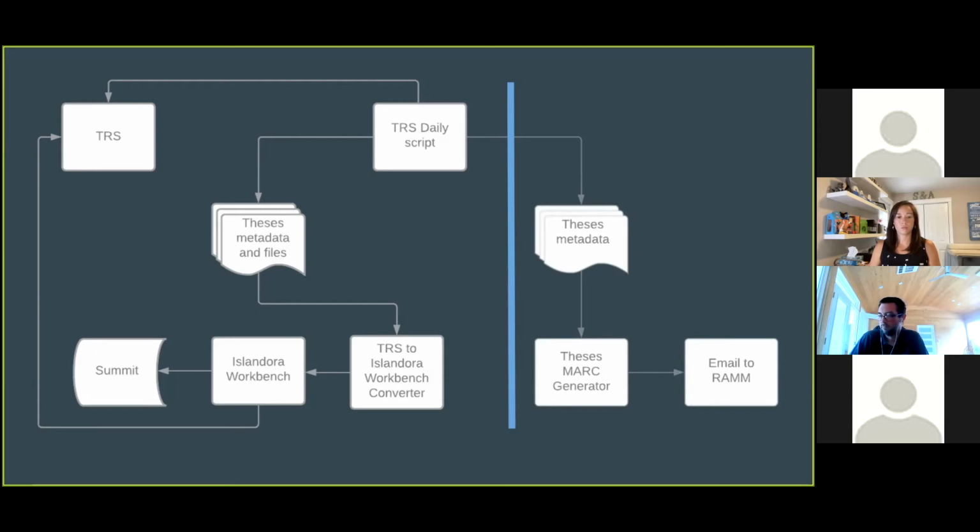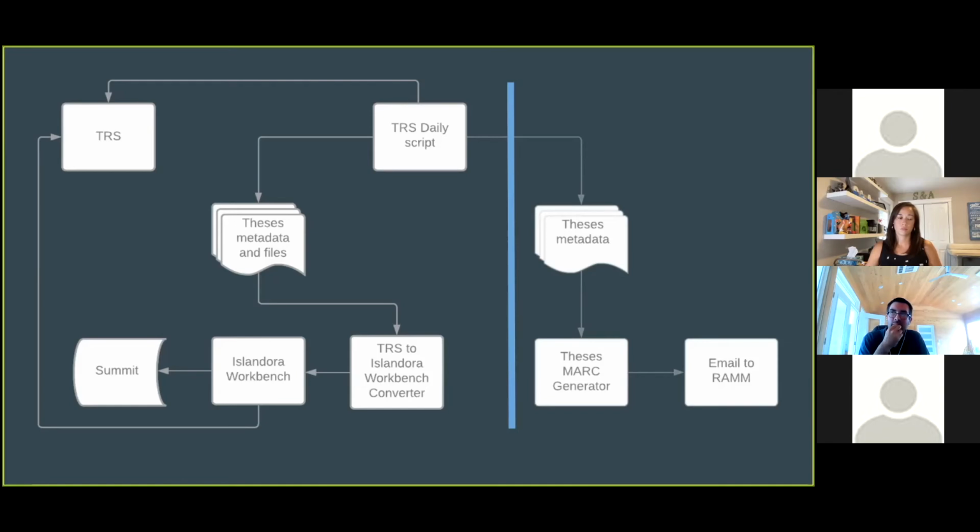And the configuration file is going to point to the location of the CSV file that the TRS Islandora Workbench converter, the node there in the middle, generates. So that script runs after 11 o'clock, after the theses have been dumped from the TRS, but before Islandora Workbench is scheduled to run.